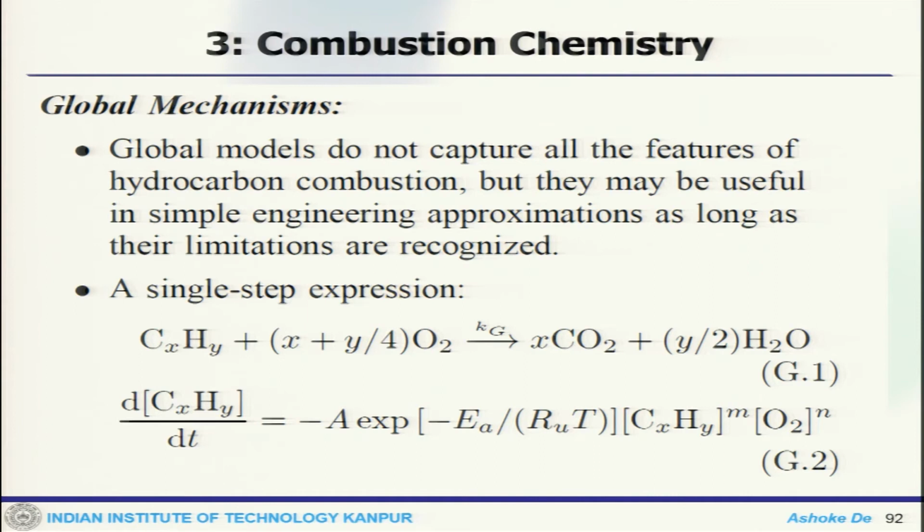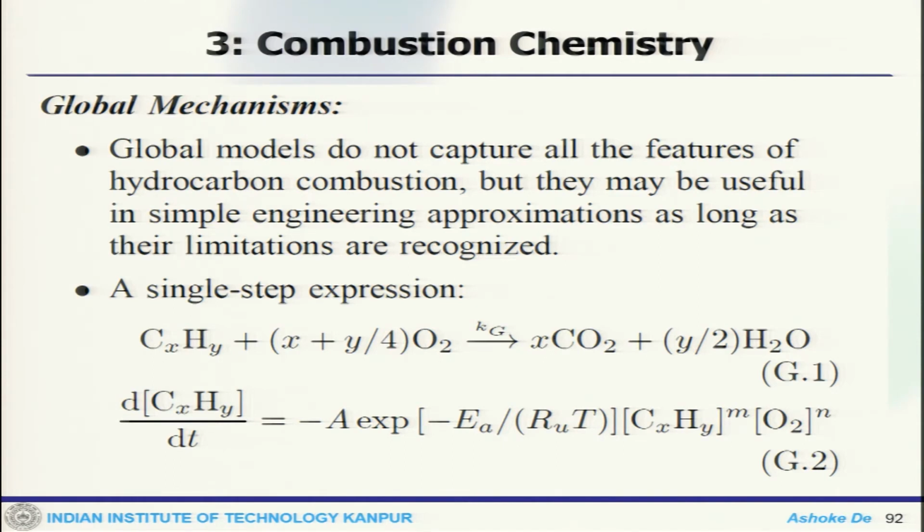Now, when you come down to the global mechanism, all these features that you see when looking at the detailed mechanism, which has all the intermediate species and radicals formed through elementary reactions, are not all captured by global models of hydrocarbon combustion.